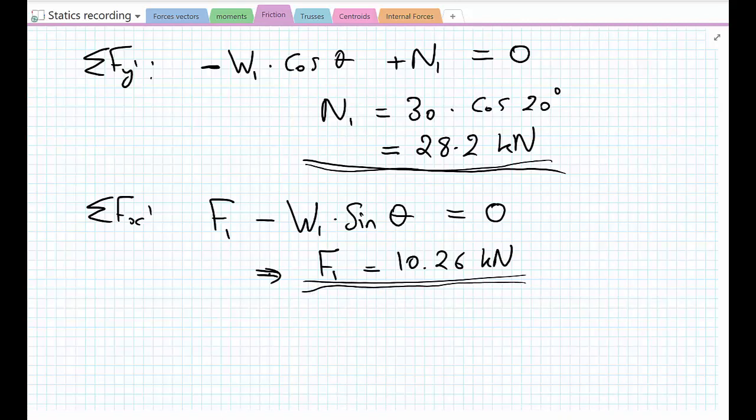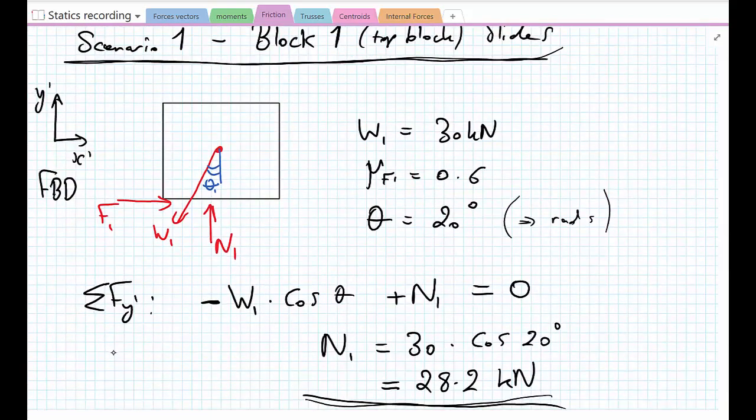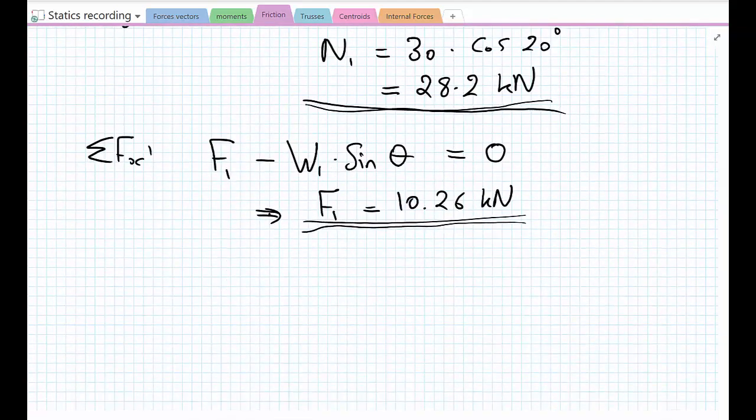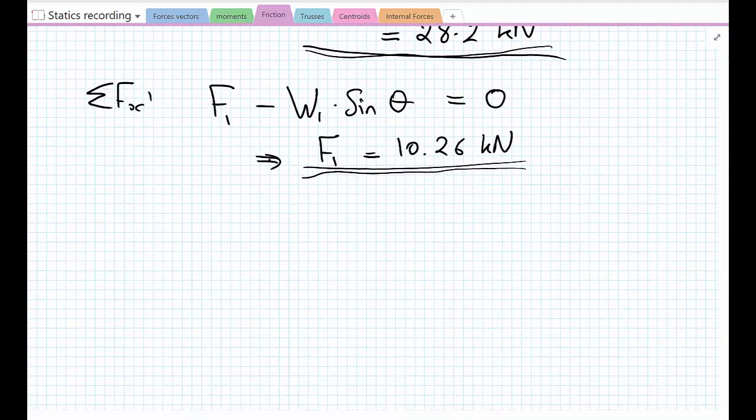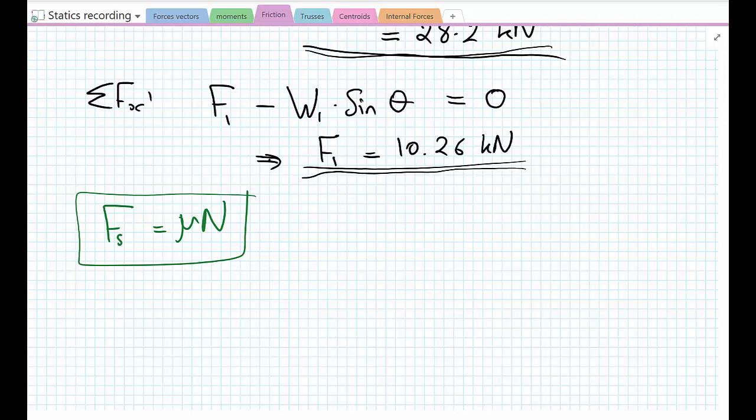And finally, for this scenario, let's go back to our free body diagram. We know with our dry friction model that we can calculate our maximum friction possible. Let's remind ourselves that Fs was equal to mu N. This was the general formula. Now let's write that specific to this situation.